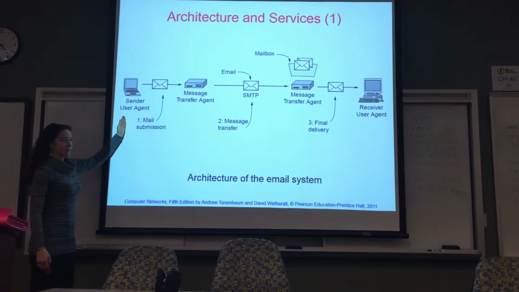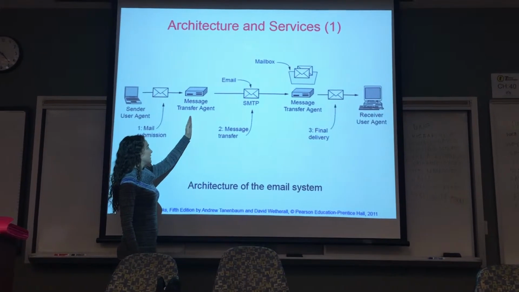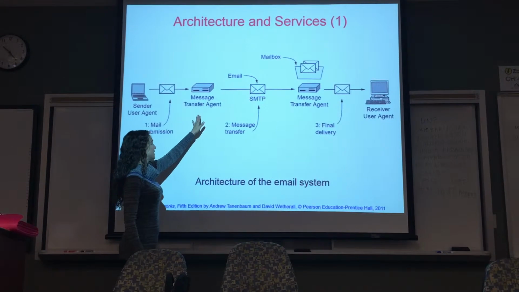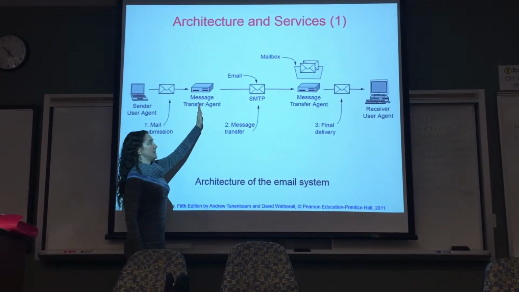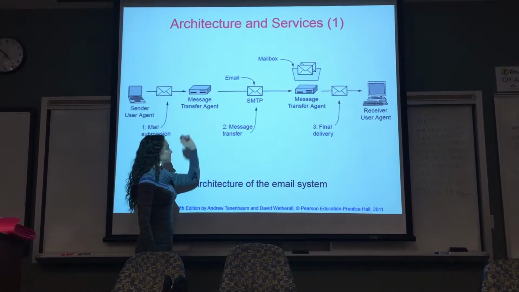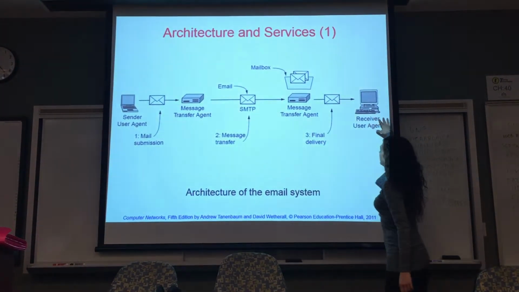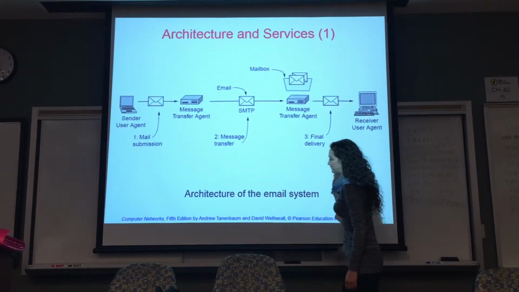This is the client's interface. And then we have a server agent. That is the web server that the client connects to. It's called a message transfer agent. So it's going to route the email message to the appropriate email server. When it's received there, then the receiving agent can connect to it and obtain that email.